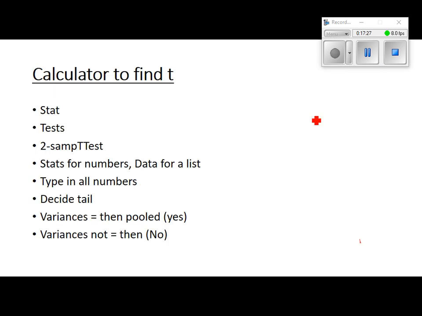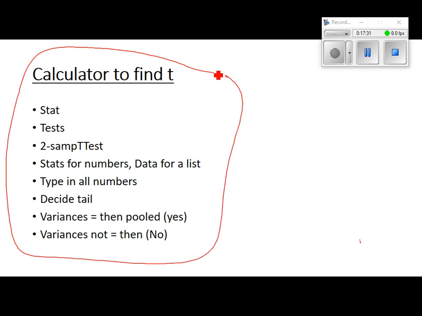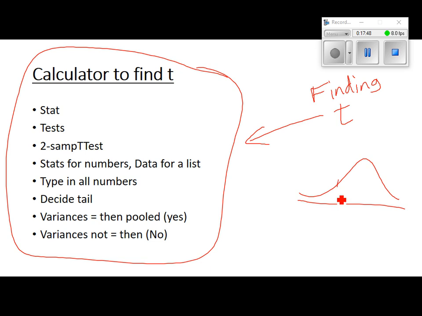Smaller one, calculator. This is how you do it on the calculator. Again, all you're going to find on there is your T. This is for finding the T value that you're going to check on your little picture.